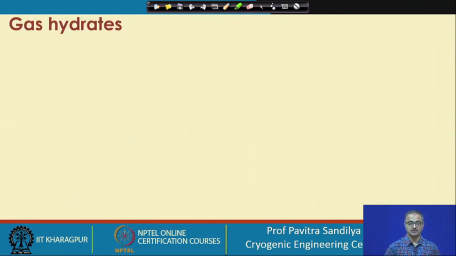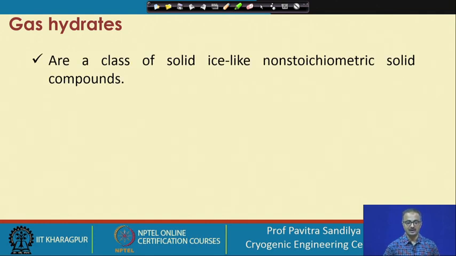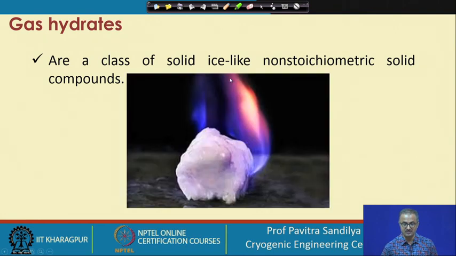So first let us look into what gas hydrates are. Gas hydrates are a class of solid ice-like non-stoichiometric compounds. In this picture, we find that this is a gas hydrate and it looks exactly like ice, but we cannot make out the difference between ice and this gas hydrate by our naked eye.